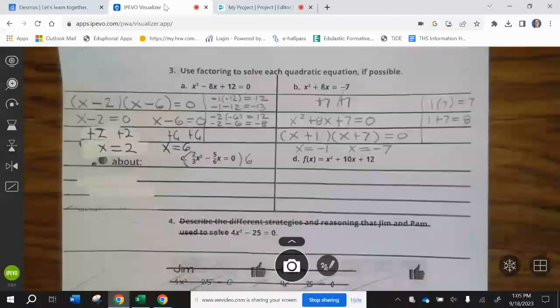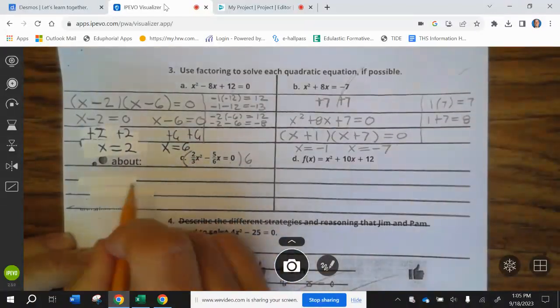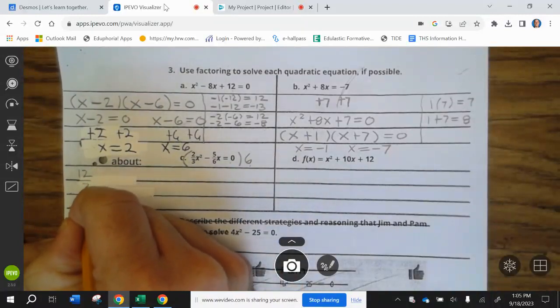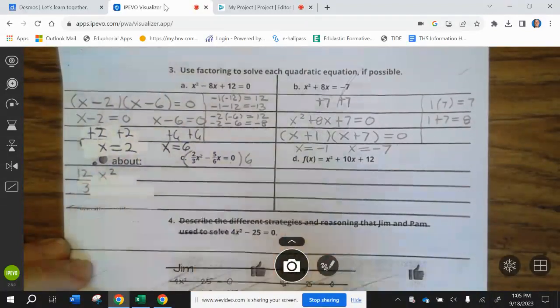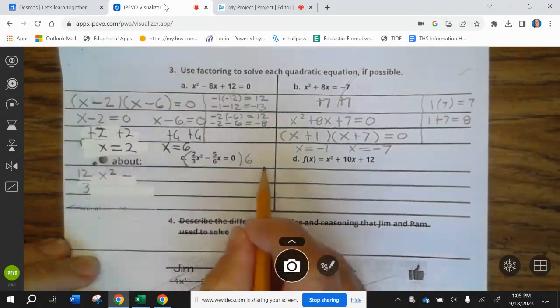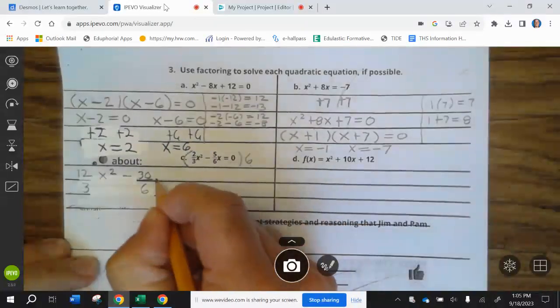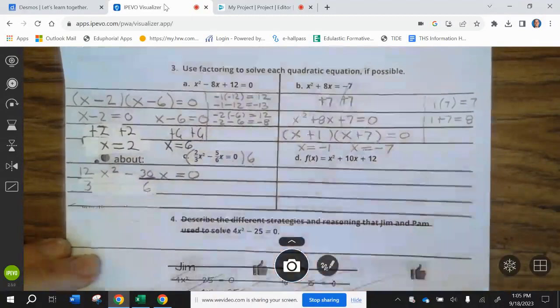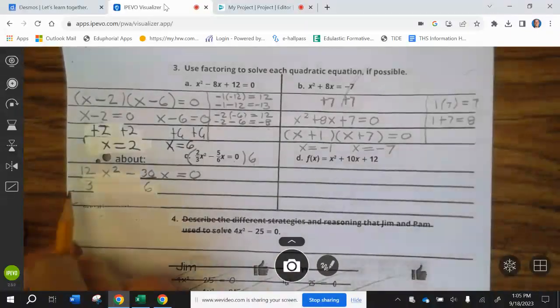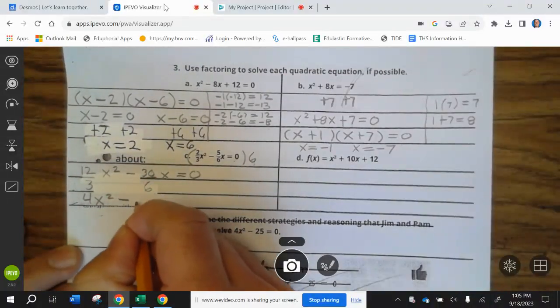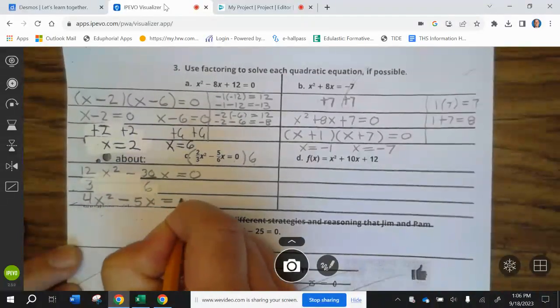So 6 times 2 is 12, divided by 3, x squared, minus 6 times 5 is 30, divided by 6, x equals 0. Well, 12 divided by 3 is 4x squared, minus 30 divided by 6 is minus 5x equal to 0.